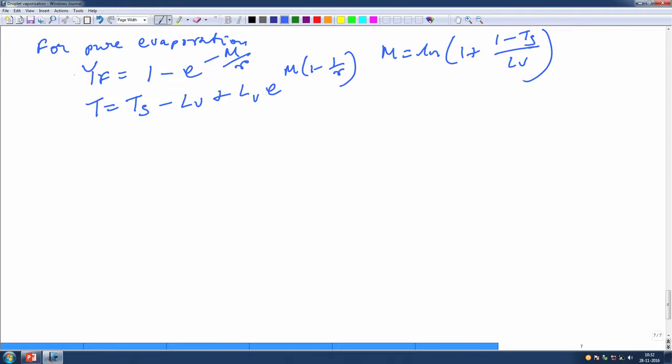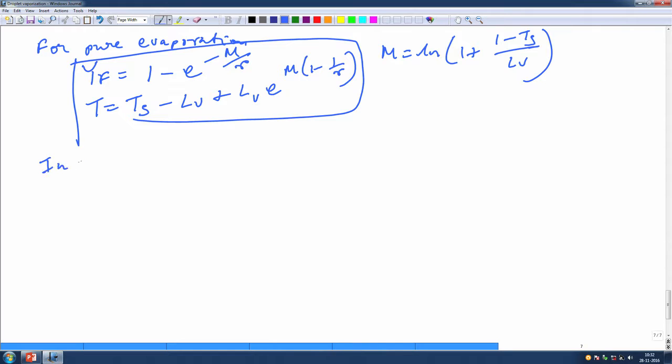So, that is the pure evaporation. In dimensional form, you can just work out the math because there is nothing more to do apart from algebra.